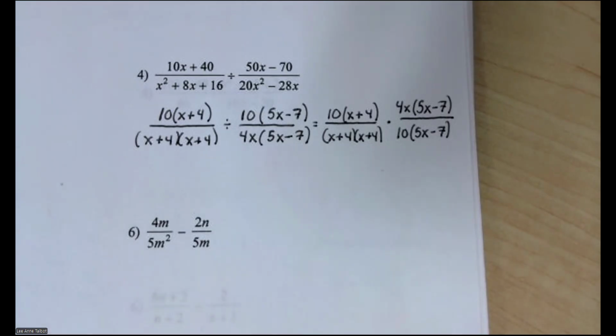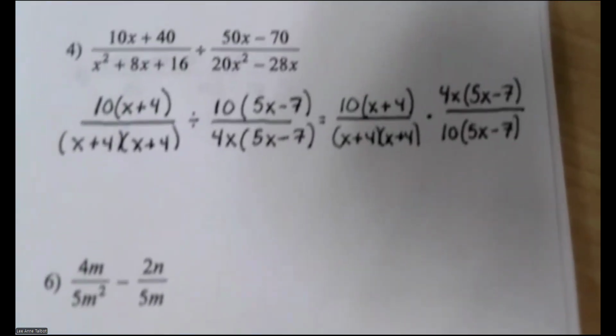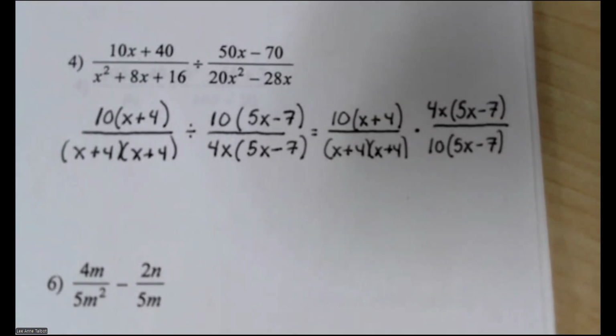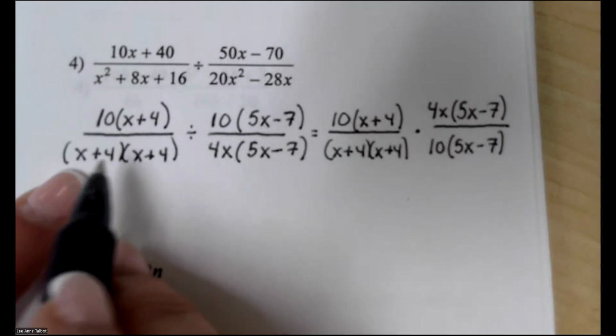And the reason I'm not canceling stuff right now is because when you find the excluded values, you need to do it before and after the keep, change, flip. So I'm going to take this moment before I even reduce the problem, before I cancel anything, to find the excluded values.